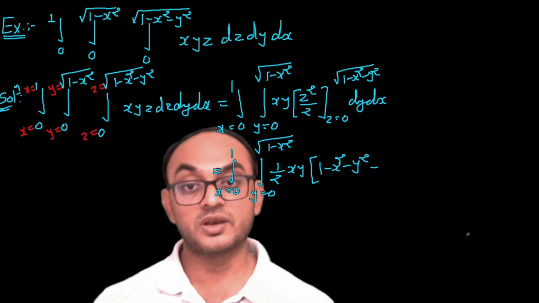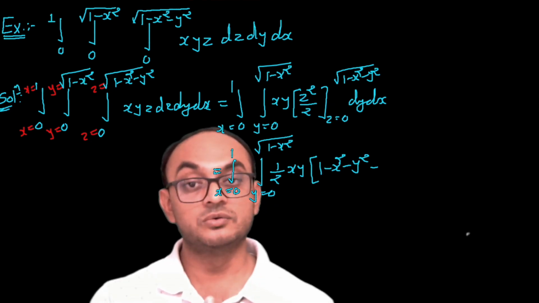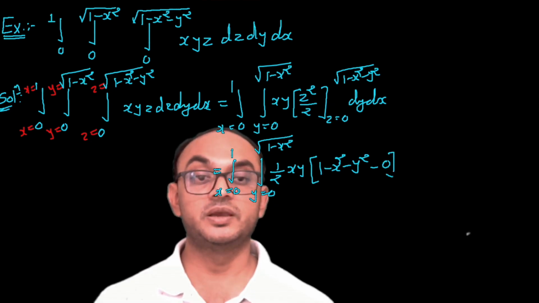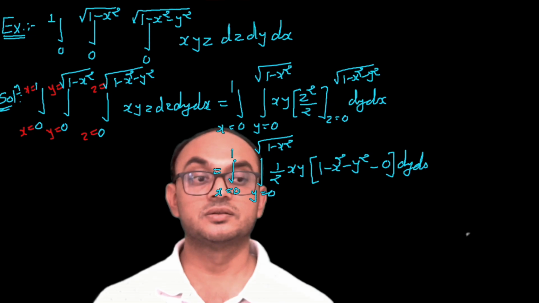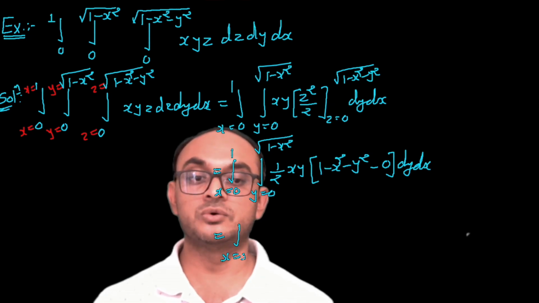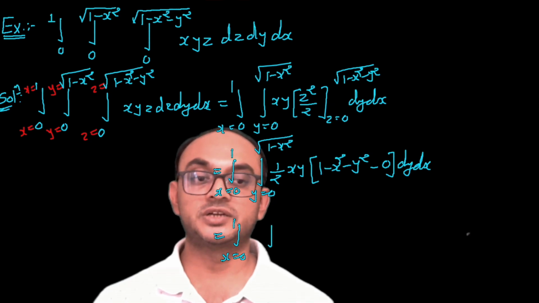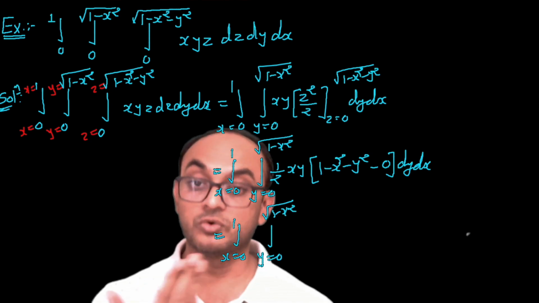Minus sign for the lower limit. Now z equal to 0, so it is 0 dy dx. And so this is equal to integration x equal to 0 to 1, integration y equal to 0 to under root 1 minus x square. I am writing 1 upon 2 outside.